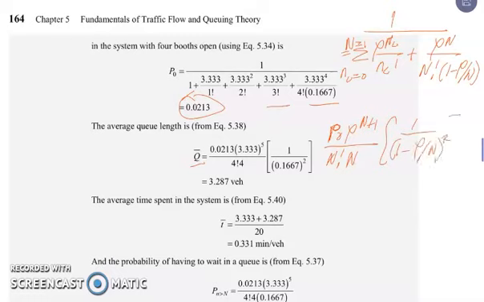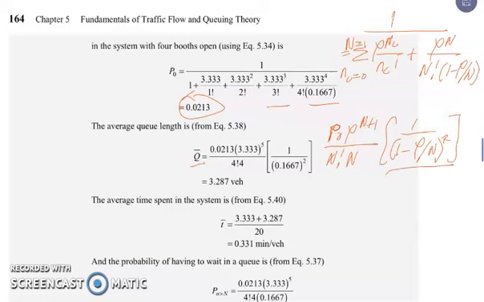So if we substitute now, our P sub 0 is 0.0213, rho raised to n plus 1, so of course that will be 3.33 raised to 4 plus 1, that becomes 5, all over 4 factorial multiplied by n, then multiplied by 1 all over 0.1667 raised to the second.